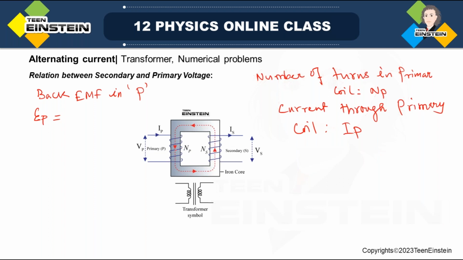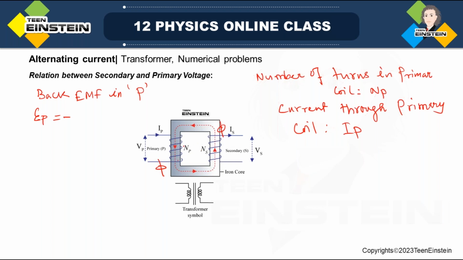Since there is no leakage of the flux, that means 100% coupling is there. If phi flux is linked in this, phi will be linked in this also. This is called 100% coupling, and there is no leakage. When the flux linked with both coils is the same, that is actually called 100% efficiency of the transformer.